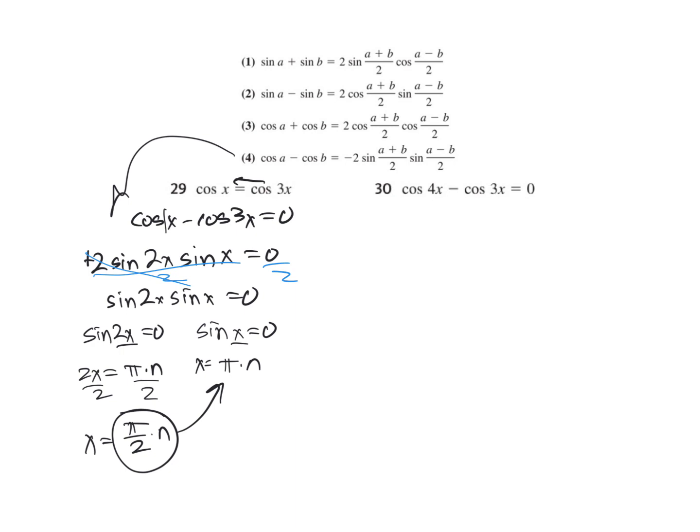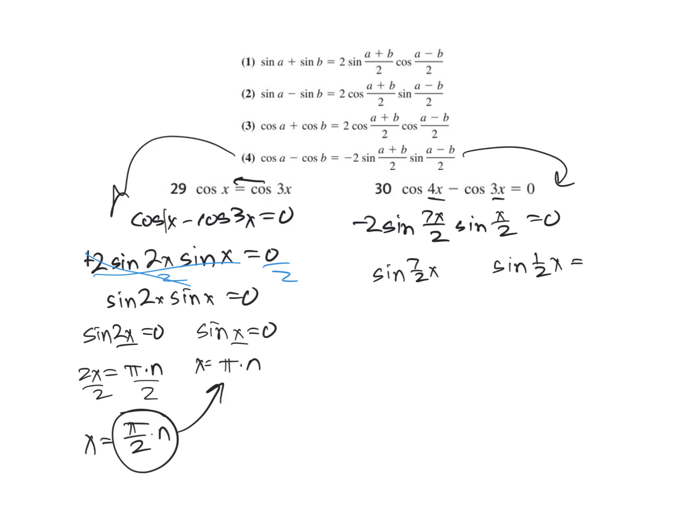Number 30. Cosine minus cosine. Again, it's number 4. So negative 2 times the sine of 4 plus 3 is 7 over 2, and the sine of 4 minus 3 is 1 over 2. Now we just solve. Divide off the negative 2, and we have sine of 7/2 x times the sine of 1/2 x equals 0. Where does any sine equal 0?